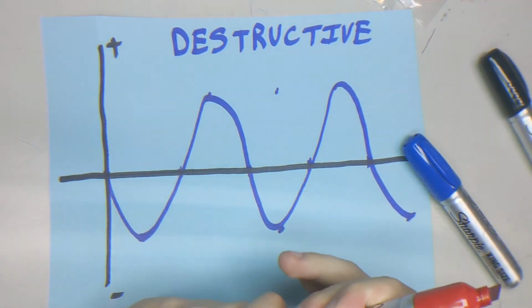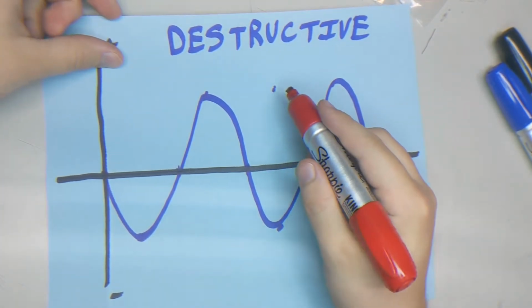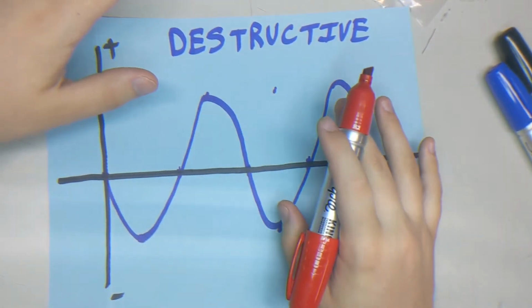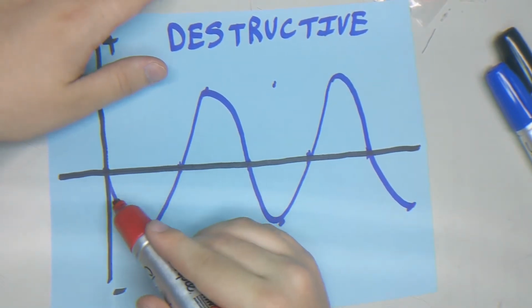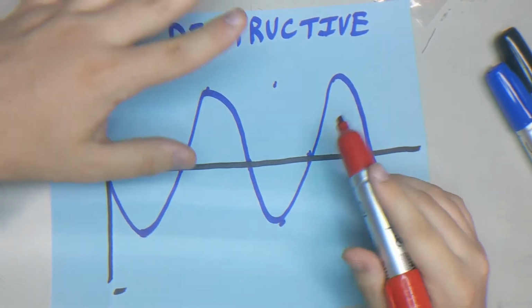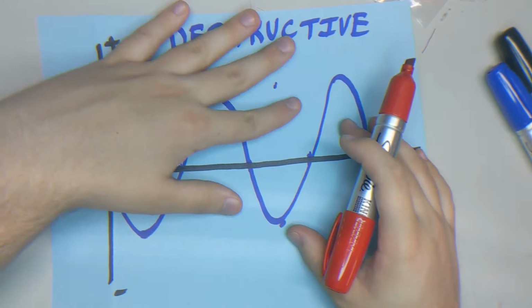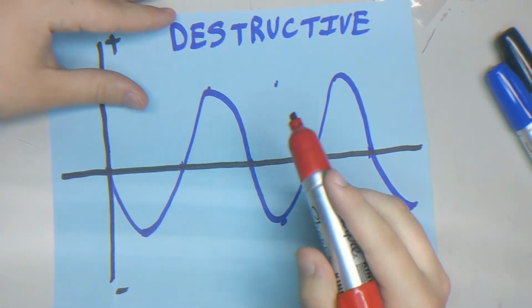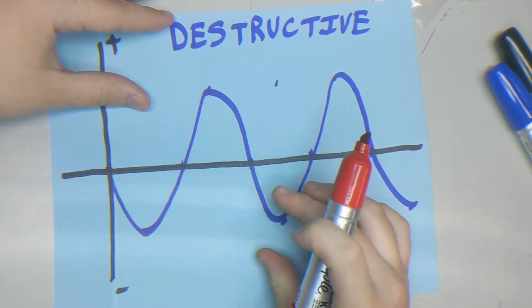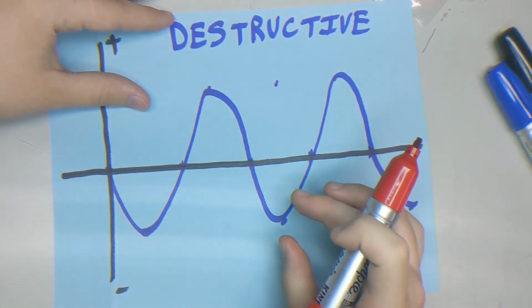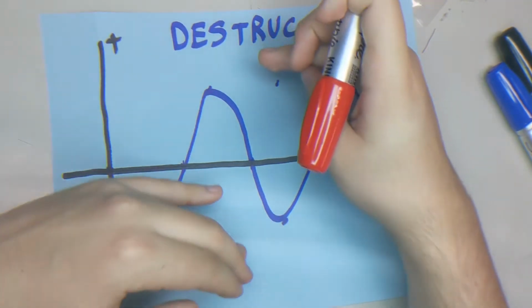What's going on here with destructive interference is just one example, but there are many different ways that waves can interact and interfere with each other in a destructive manner. In this case, we're going to wire one of the speakers backwards. That way, it's effectively flipping the wave over.